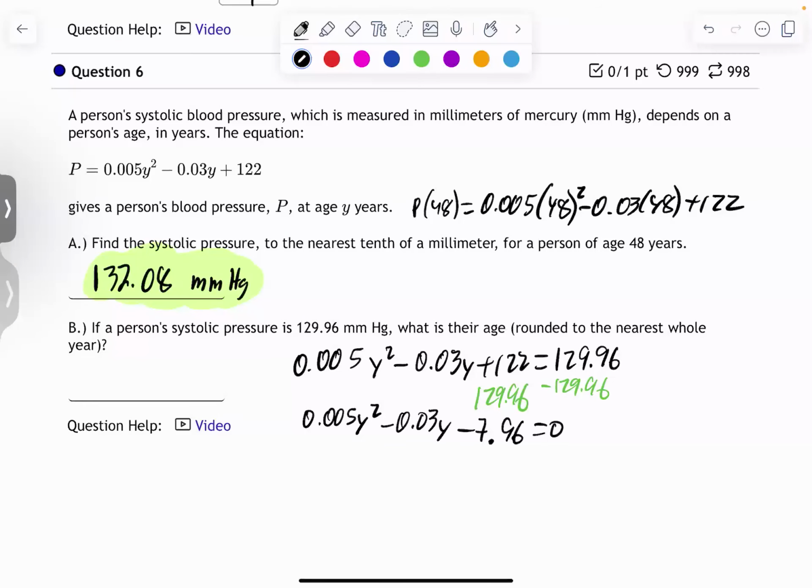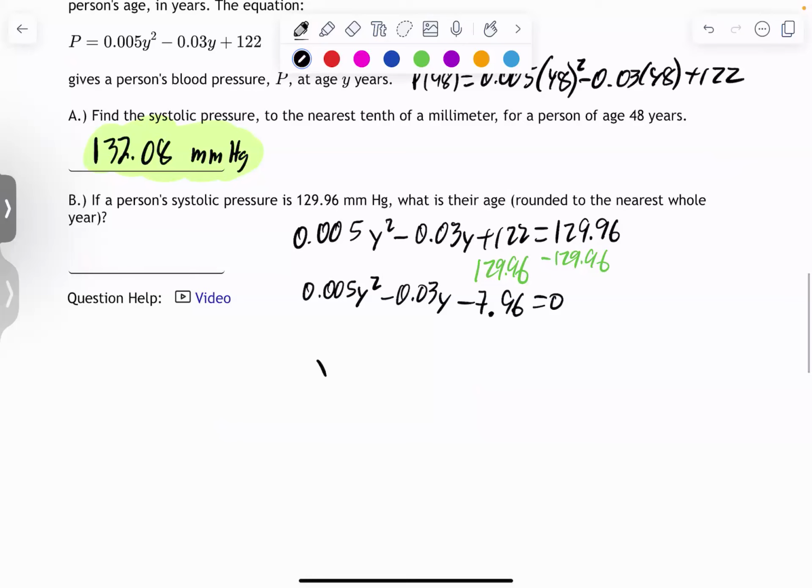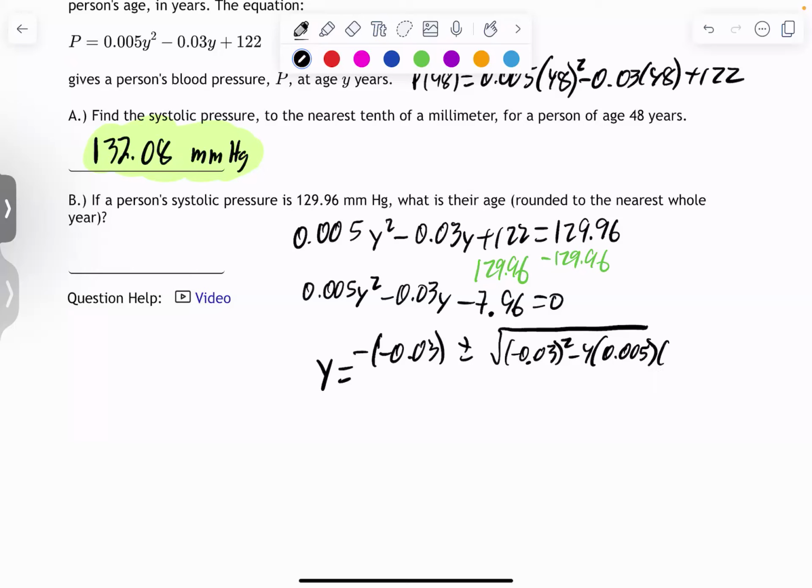You could knock out the decimals by multiplying through by 1,000 and stuff. We're going to get the same answer, so it won't matter. So this is going to be y equals negative 0.03 plus or minus the square root of negative 0.03 squared minus 4 times 0.005 times negative 7.96, over 2 times 0.005.